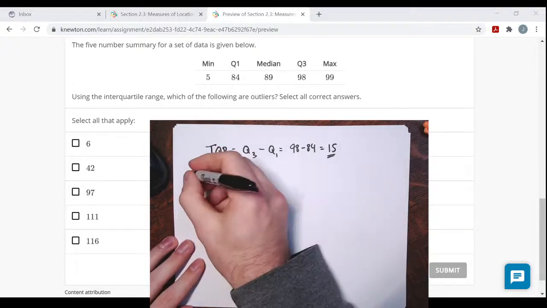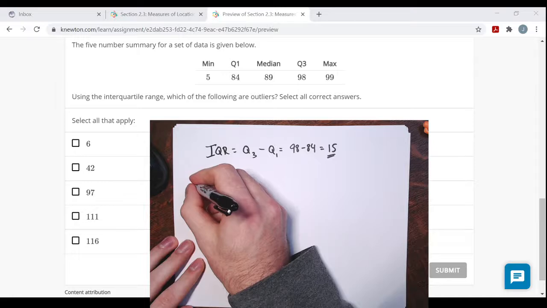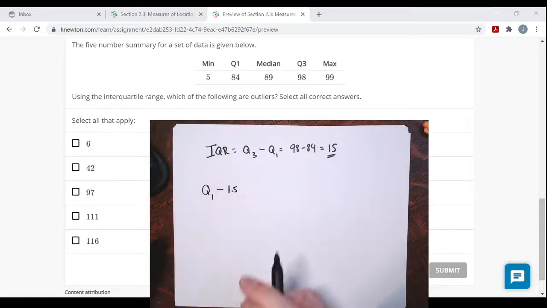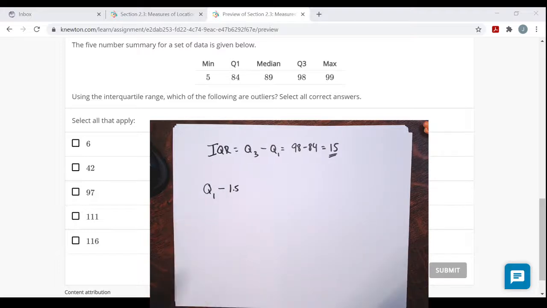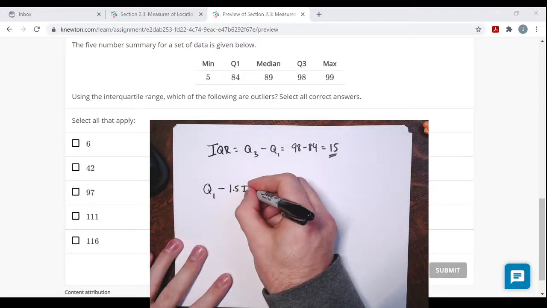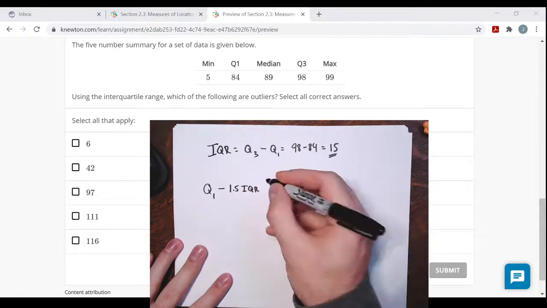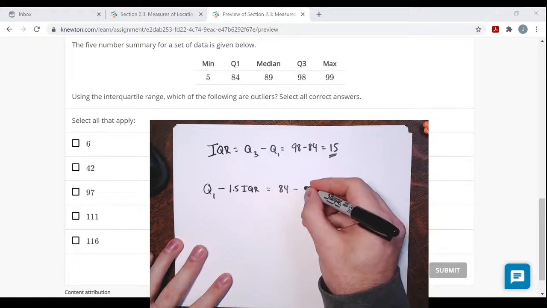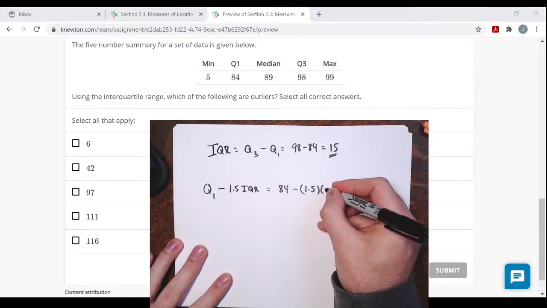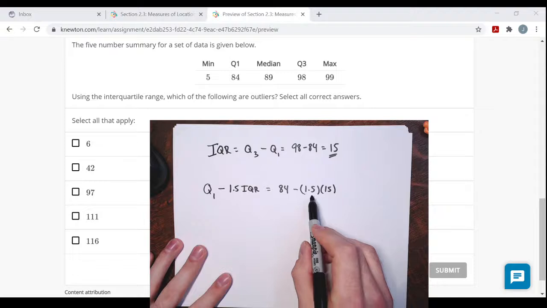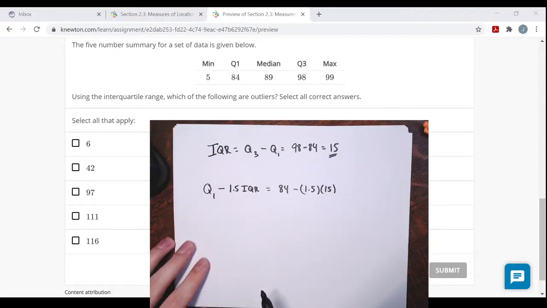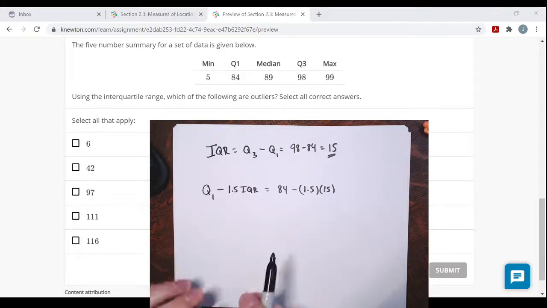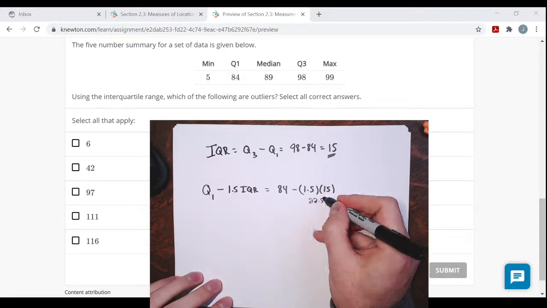Now for potential outliers, I find 2 values. One is Q1 minus 1.5 interquartile ranges. On the low end, go to Q1, and then go even lower, minus 1.5 interquartile ranges. So this would be 84 minus 1.5 times 15. Now 1.5 interquartile ranges would be 22.5.